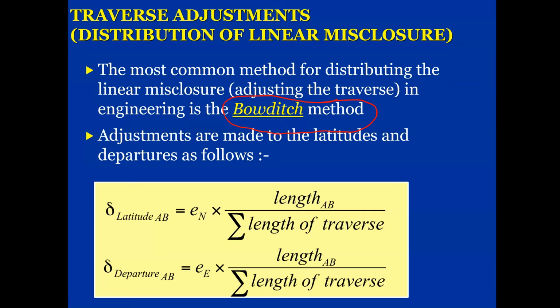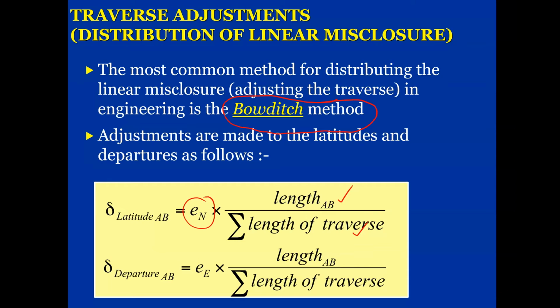Okay, so the Bowditch method will apply correction to the latitude and departure by taking the ratio between the actual length measured against total length and multiplying it by the error itself.